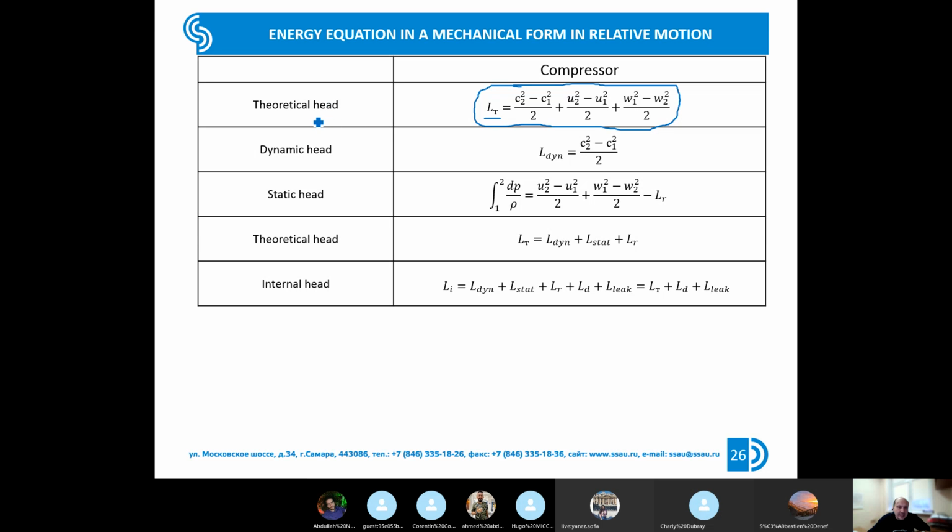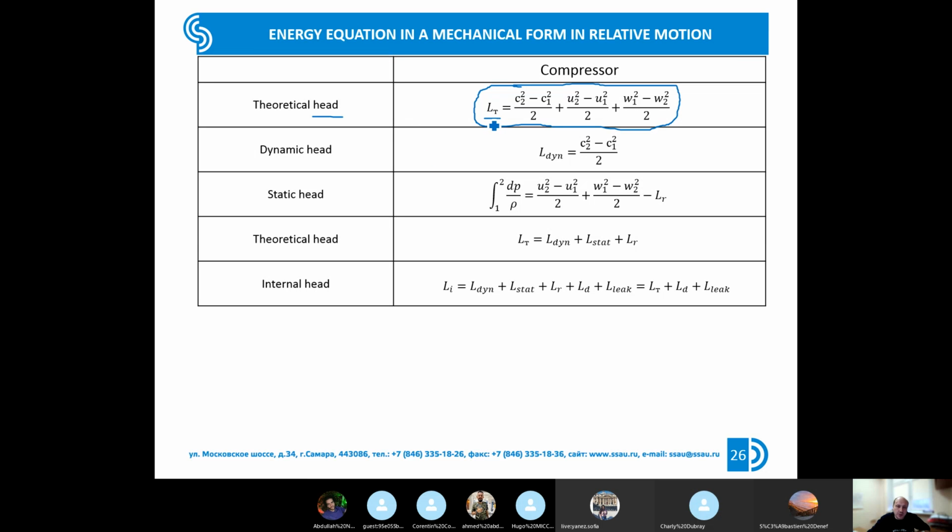In the compressor, it's simply traditional to use the term head to designate specific work, but in reality, it's a specific work.